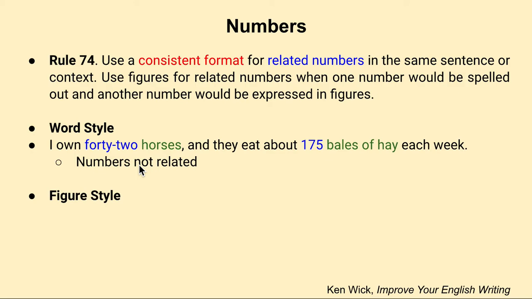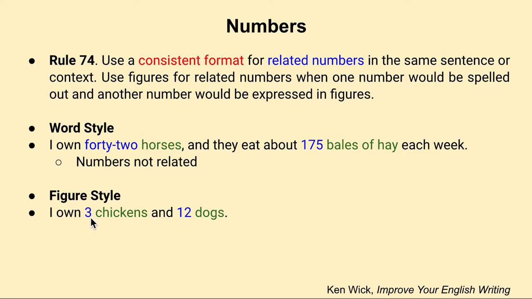And then an example in figure style. I own 3 chickens and 12 dogs. So here the numbers are related. Because normally in figure style, any number that's 9 or below, we would spell out.